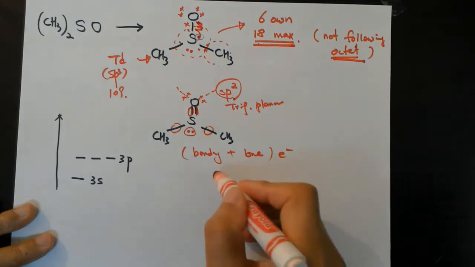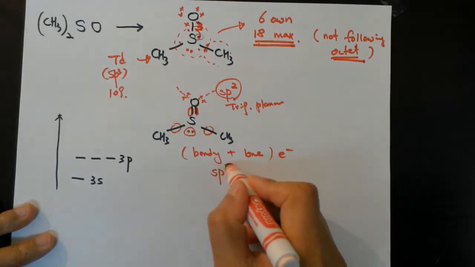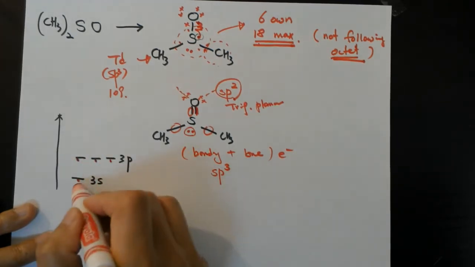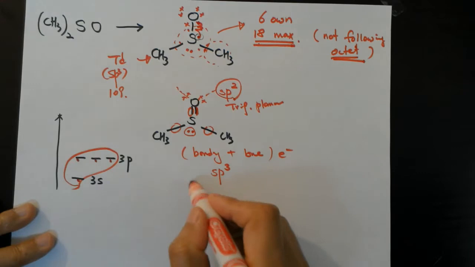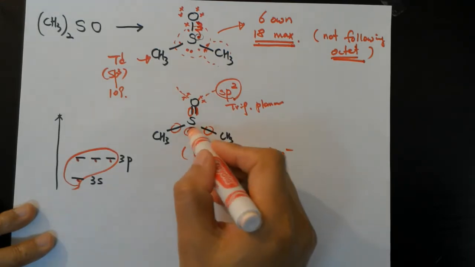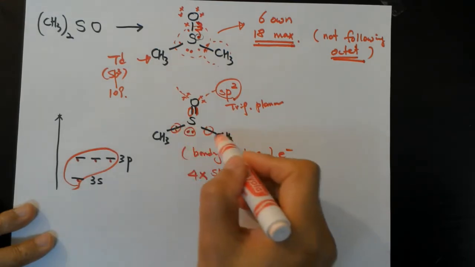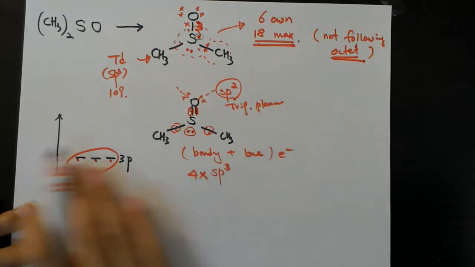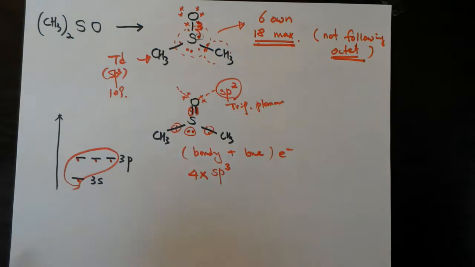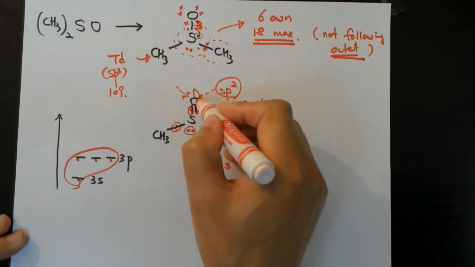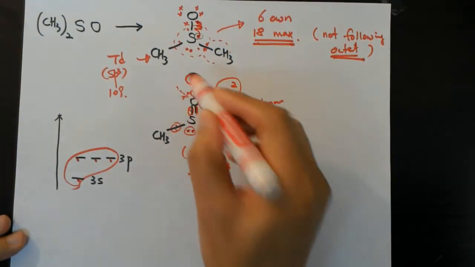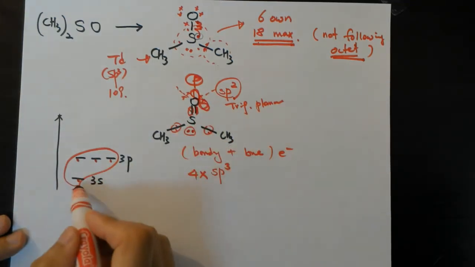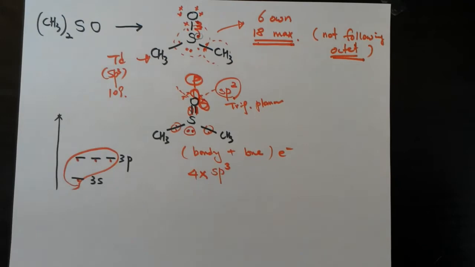We need 4, so sp3 we need, meaning 1, 2, 3, 4 mixed. We make 4 sp3s for this guy, this guy, these guys. Then what about pi? There's no orbital. Well, oxygen gives p, yes. But what does sulfur give to make a pi bond? Well, there's nothing else.